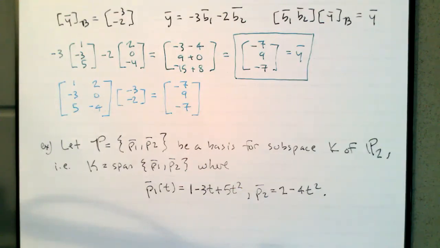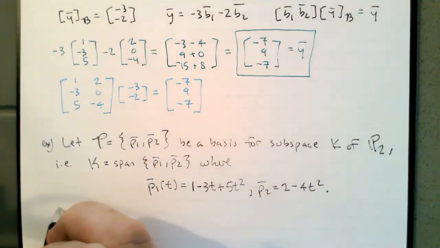So in this case, the vectors in P2 should look like polynomials, but the coordinates will look like vectors in R2. There are 2 vectors in a basis, so the coordinates are a unique linear combination of those vectors in the basis. But the vectors themselves need to look like polynomials.